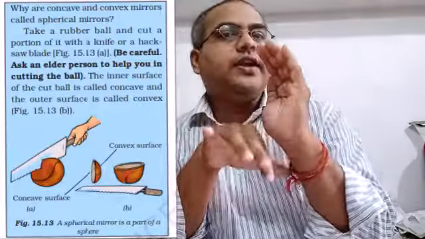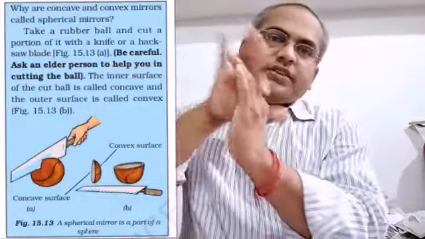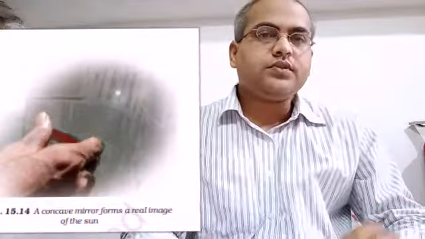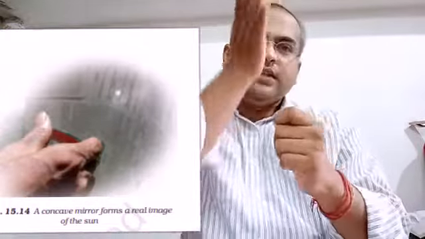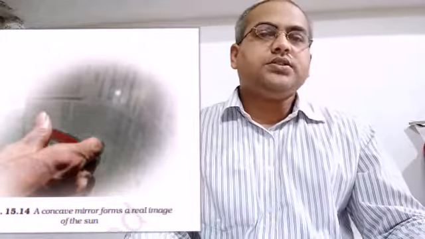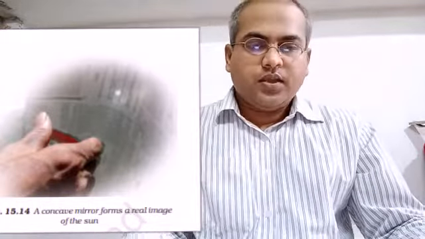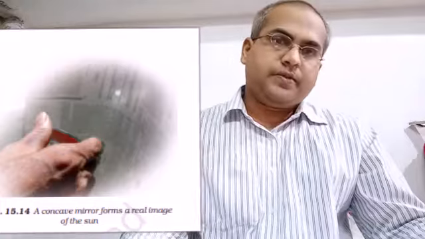So if the cave-like surface is the mirror, then it is a concave mirror. If this surface is reflecting, then it is called a convex mirror. So in a spoon, the inner side is concave and the outer side is a convex mirror. So now I hope you are able to understand this concave and convex thing.